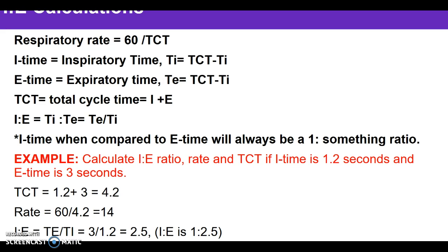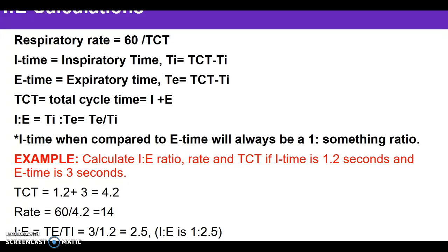So when we're solving I time and IE ratio, it's always a 1 to something ratio, and the 1 represents your I time. So whatever your I time is, that's the 1, and then the E time will be the multiple, how many I times there are in the E time, and that will give you your ratio.